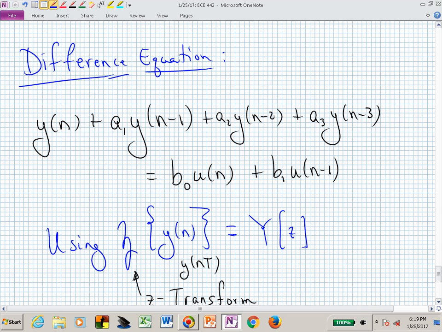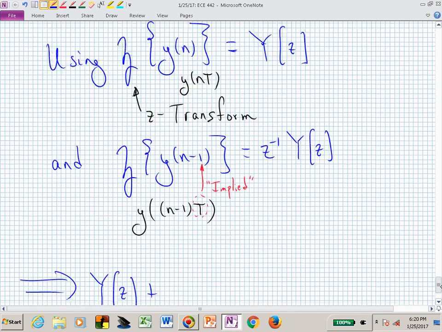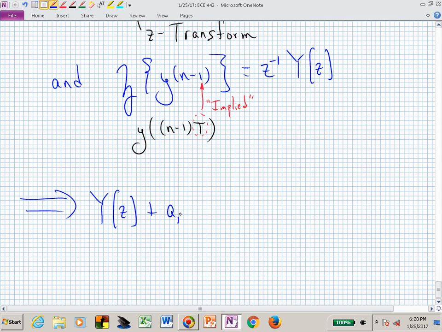What's the Z transform of little a1 y of n minus 1? A1's a constant. That slides out, and we know what y of n minus 1 does. We now know that this is a1 z to the minus 1 Y of z plus a sub 2 z to the what?